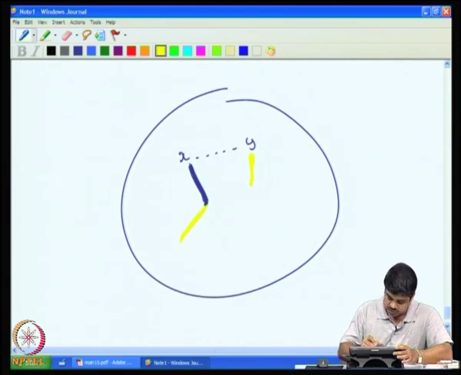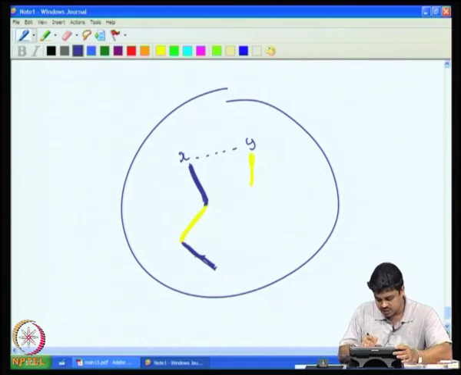So, then at this point I can again look for a blue edge. Is it possible that it will come back to some of the already visited vertices? No, it is not possible, because every vertex has one yellow edge and one blue edge, and here x does not have a yellow edge, so it is not possible to come back.